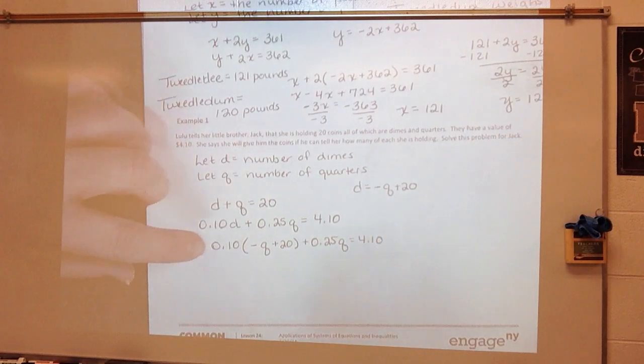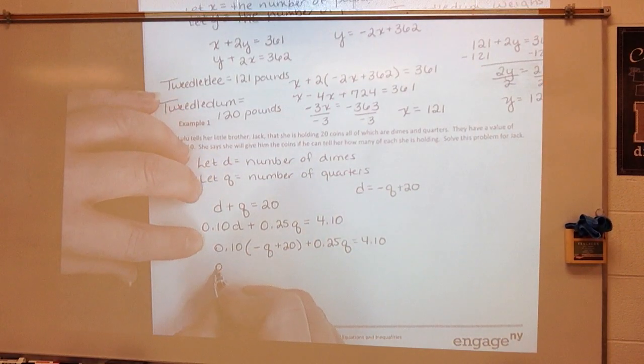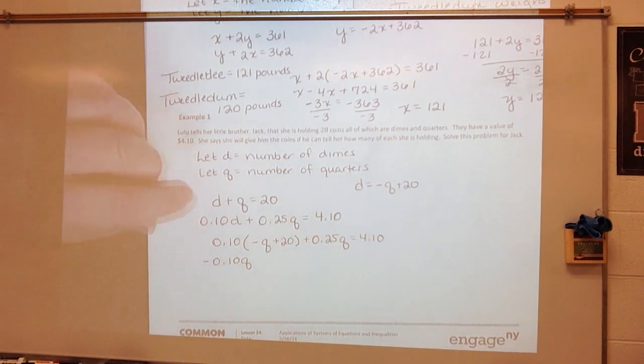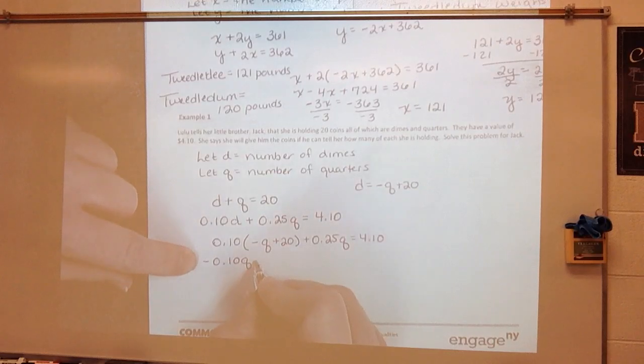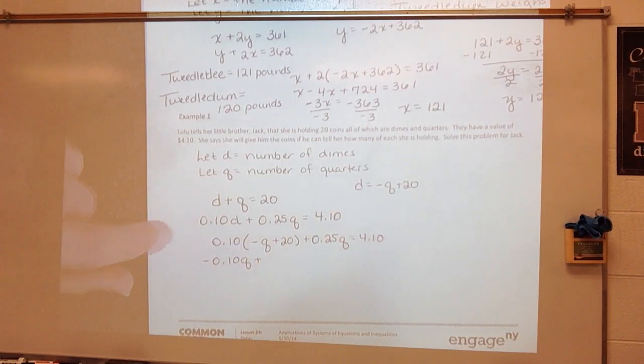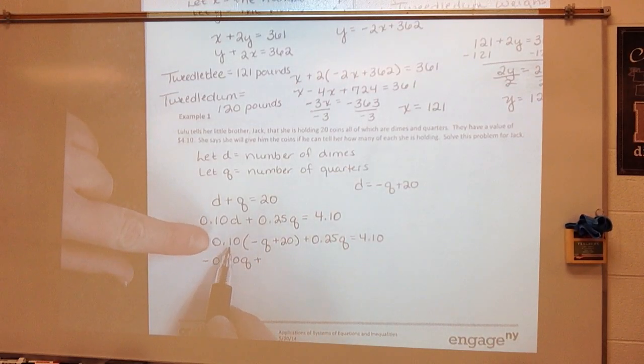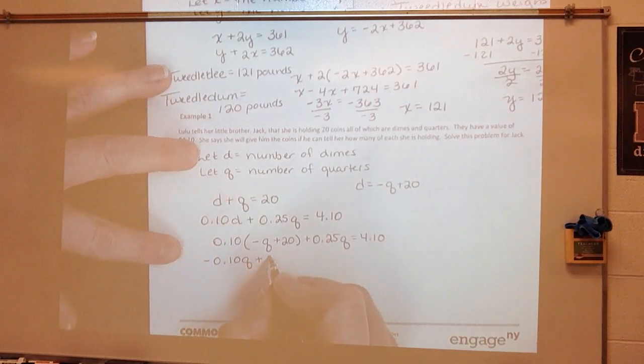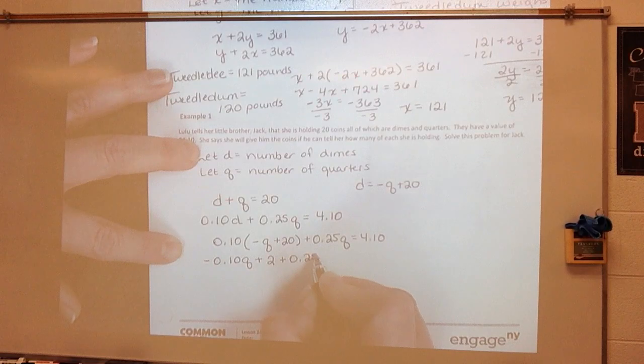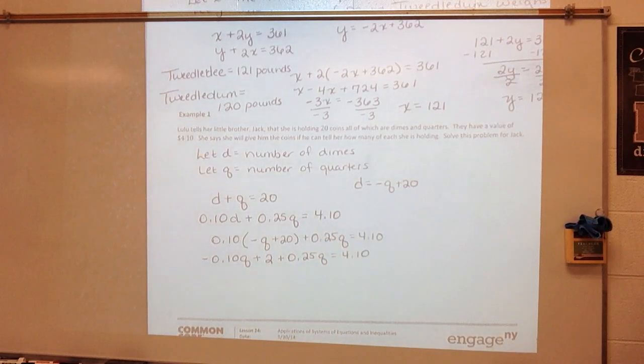Alright, now I'm going to solve this. So I get negative 0.10Q plus, well, 1/10 times 20 is 2, plus 0.25Q is equal to 4 10/100.